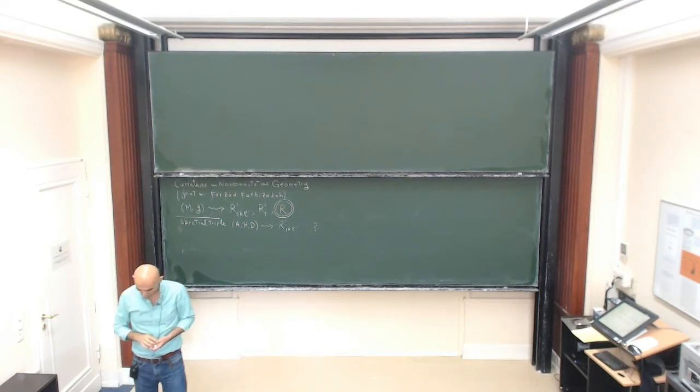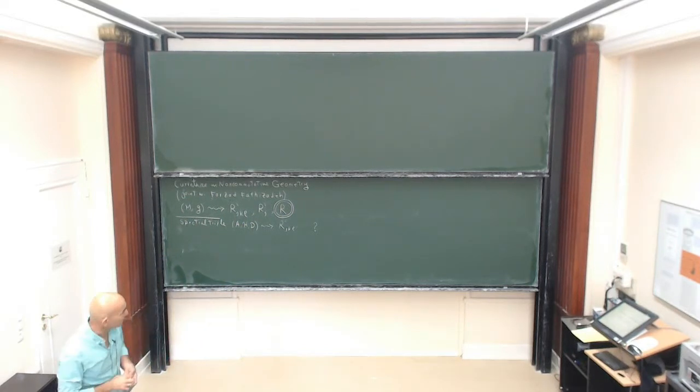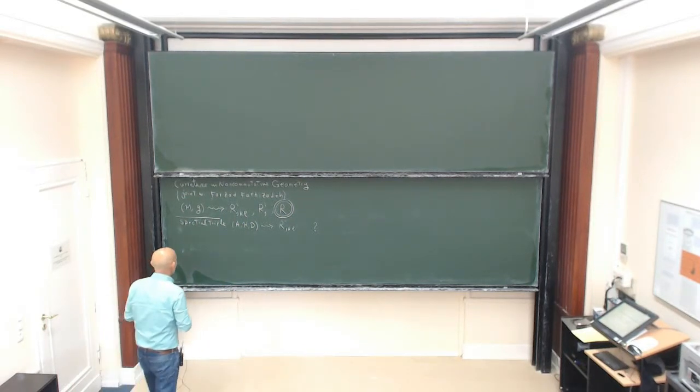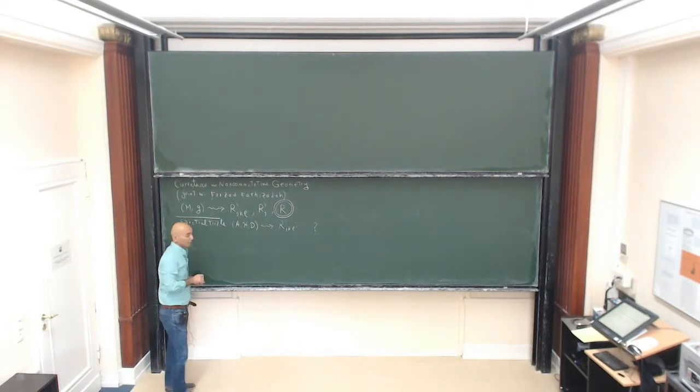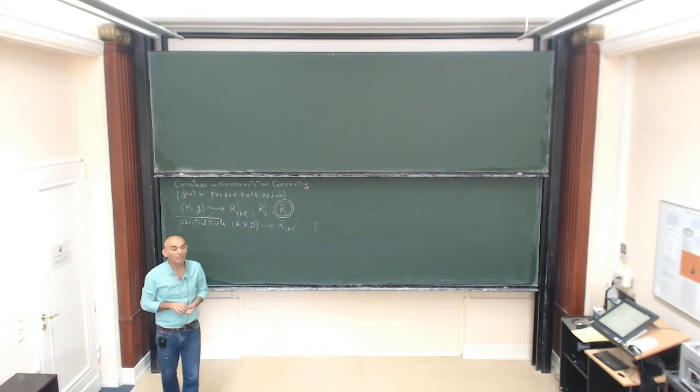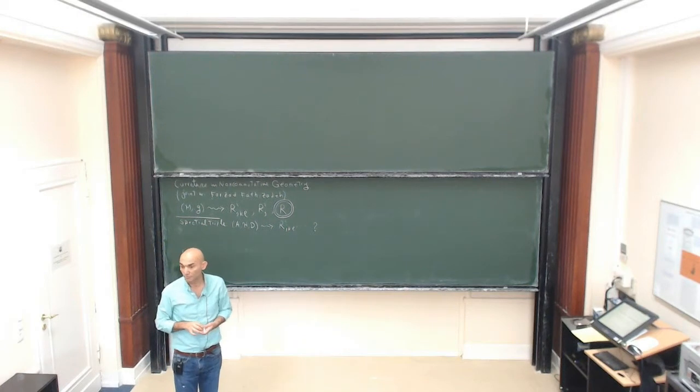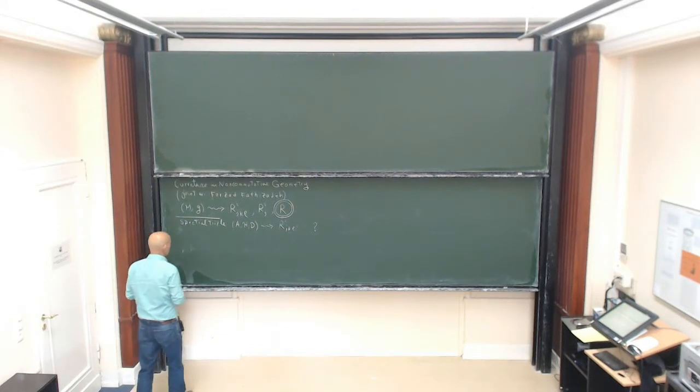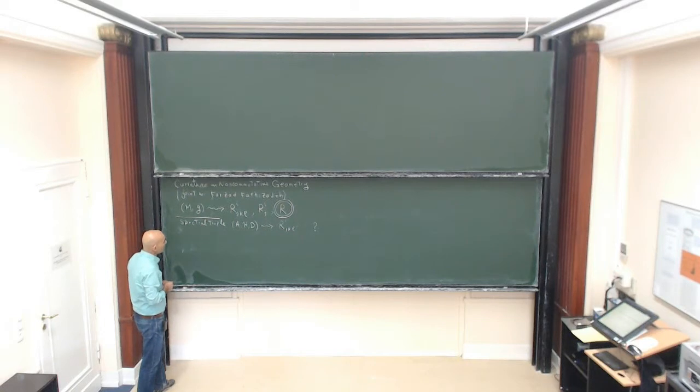On a conceptual level, we understand that very well. Beyond that, we can also calculate it in some cases, in the case of non-commutative tori. I'm going to present results of calculations to you. That's the plan.